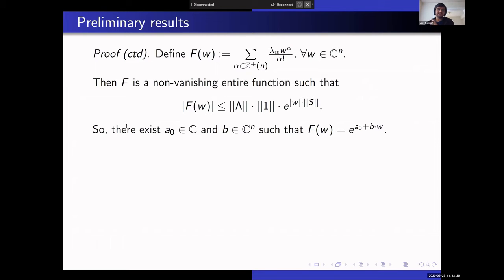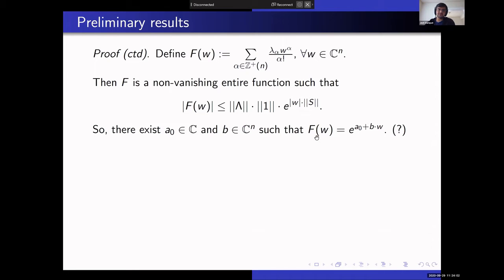And from there, this implies that there exists an A naught in C and a vector B in Cn, such that f of w is given by e to the A naught plus b dot w. Now there's a small question mark over here. It's not entirely obvious. We know something like this holds true for n equals 1, but trust me when I say that this result follows from the one variable case.